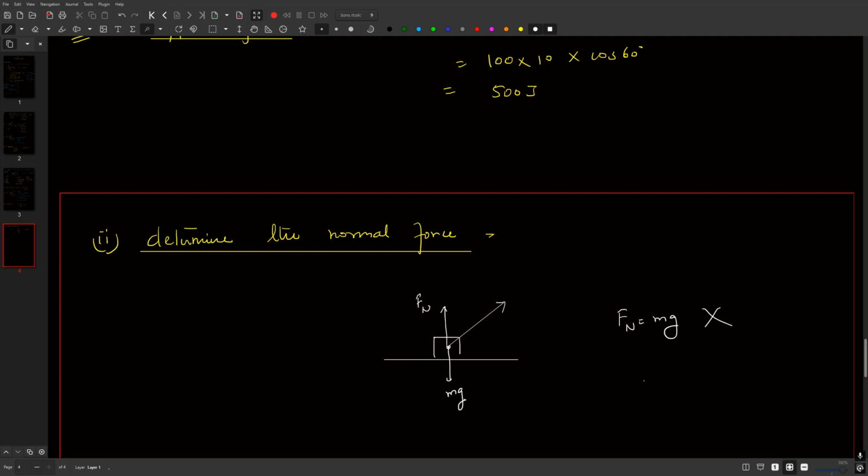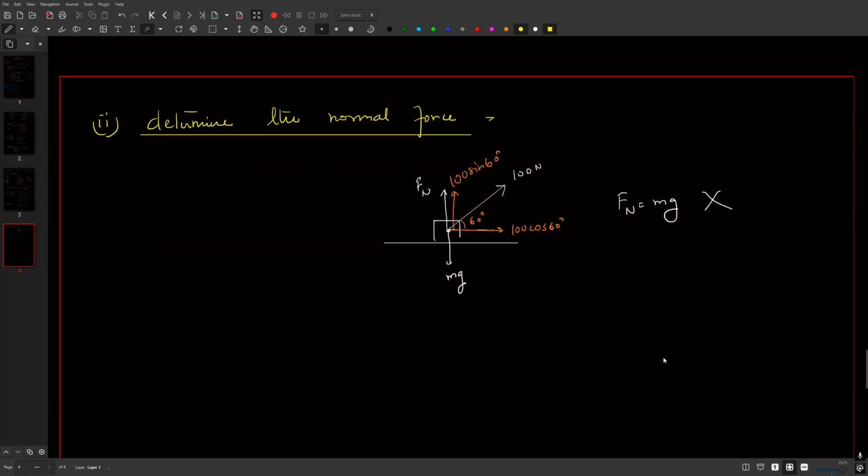Since there is a force acting on the object at an angle, we can split it into components. This component is going to be 100 cosine 60 degrees, whereas this component of the force is going to be 100 sine 60 degrees.